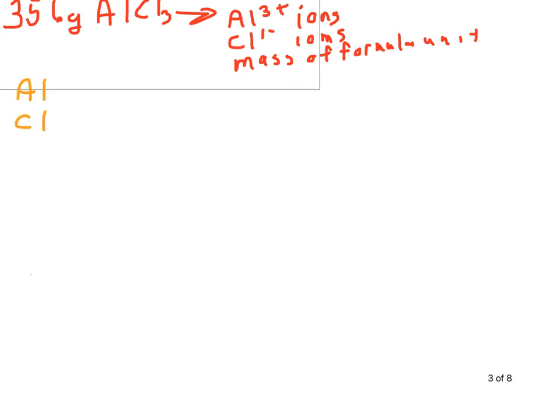Depending on the periodic table you look at, aluminum I'm looking at here says 27.0, but when possible, I want to use at least two decimal places. I'm going to use 26.98. If your periodic table happens to have 27.0, you can use that. Chlorine is 35.45.